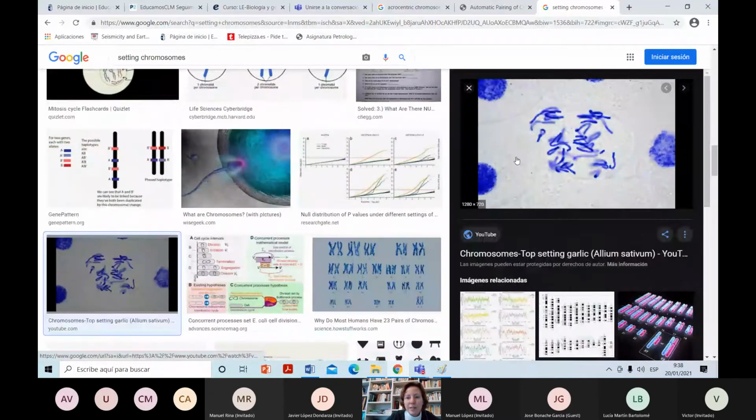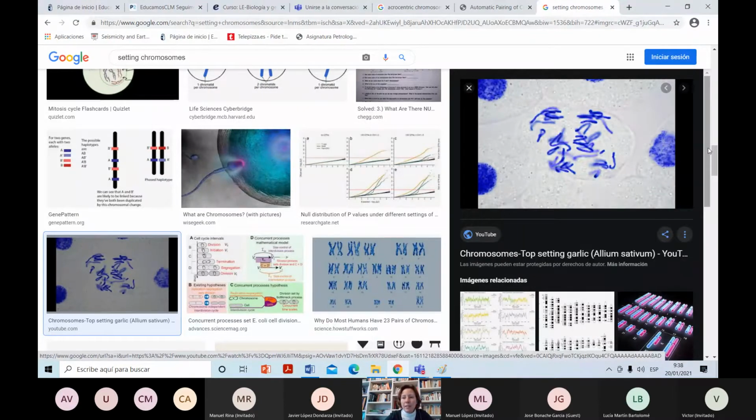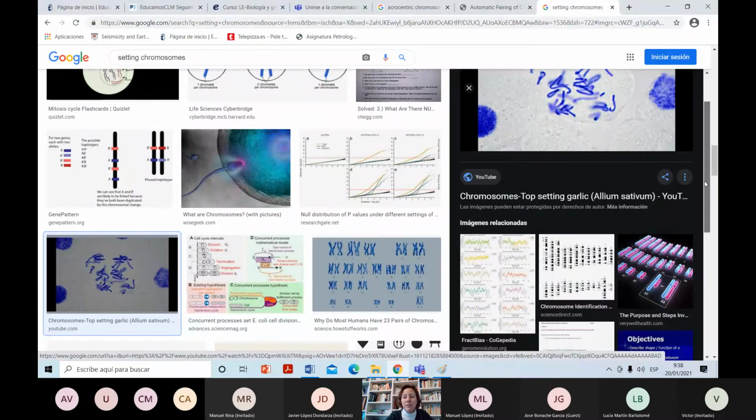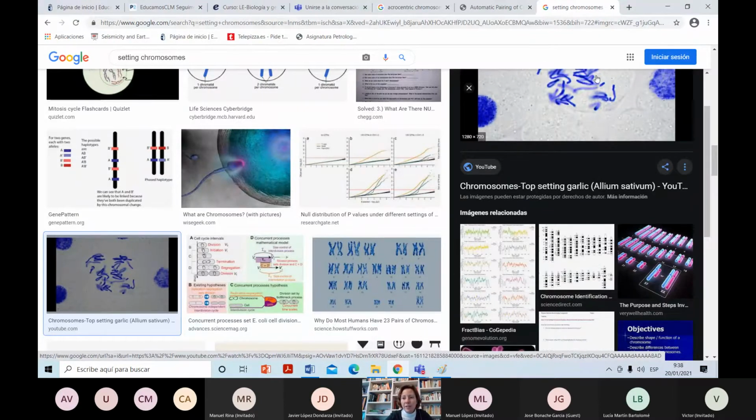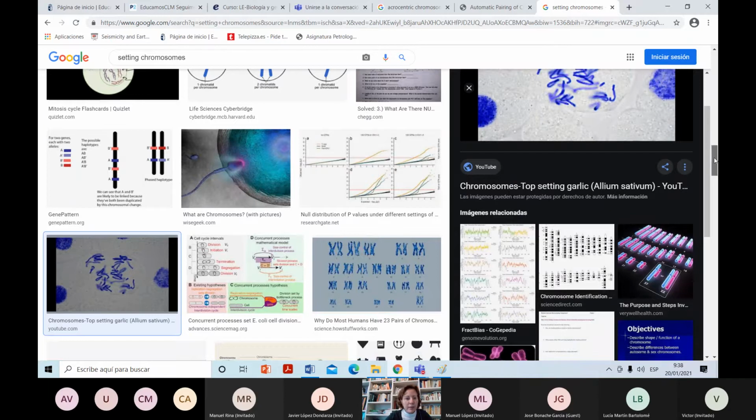You're going to see something like this. So all the chromosomes are not really organized. So it's difficult both to count the chromosomes and to see whether they are really in pairs or they aren't. We've got to wait until a specific moment in the division that is called the metaphase. This would be after that.